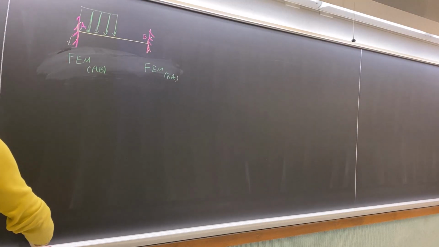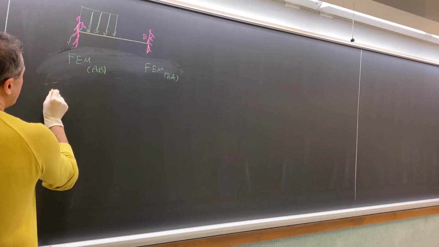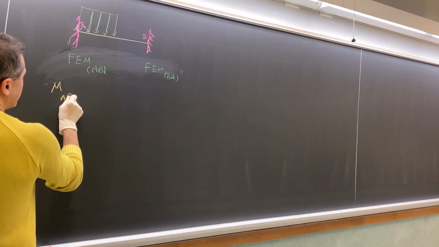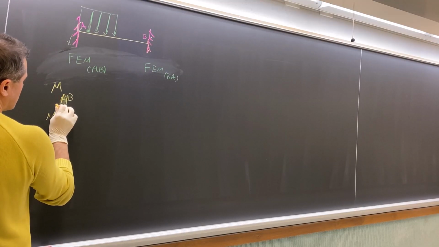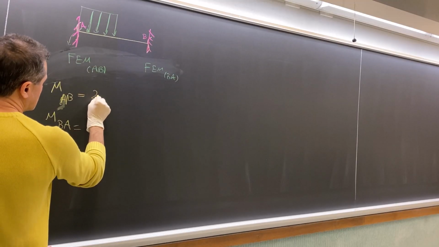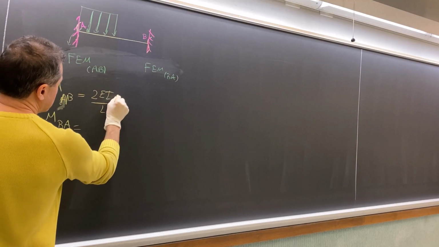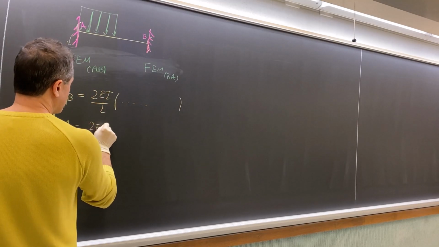So I'm just trying to remind you that the formula for moment from A to B, we have a formula for moment from B to A. 2EI over L. So, of course, you don't need to memorize it.